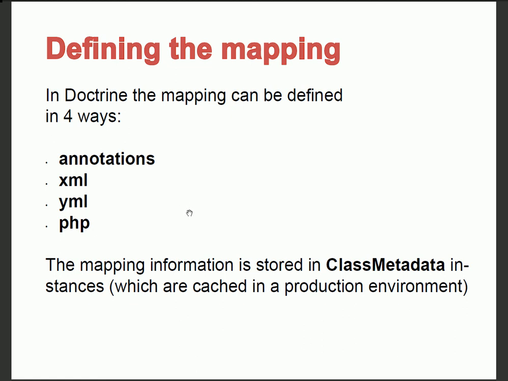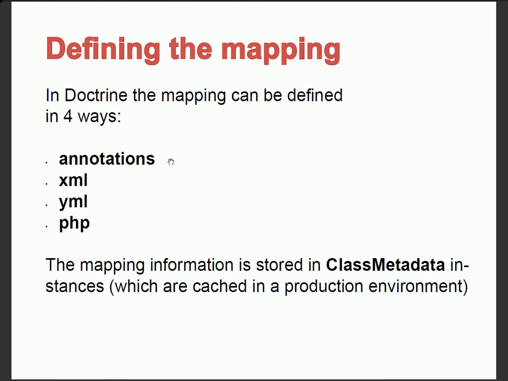I have often heard a critique on Doctrine. Yeah, but Doctrine uses annotations, and annotation means a kind of doc block way to input those associations, and that is directly put into the definition of the entities.